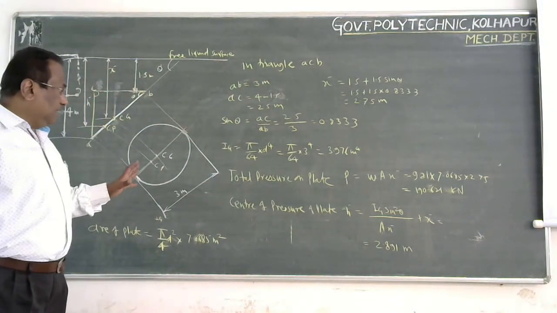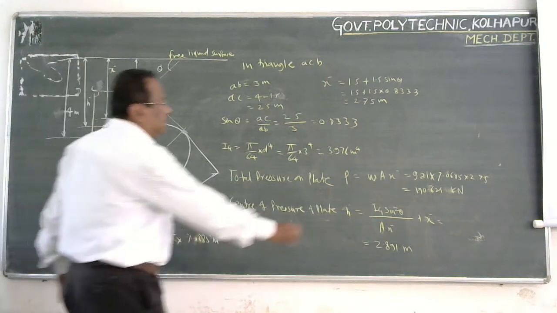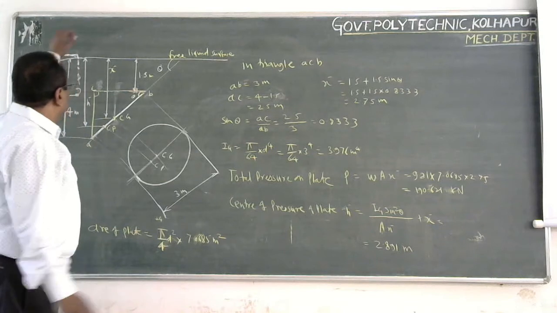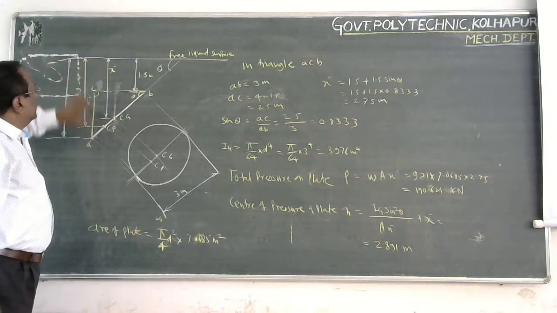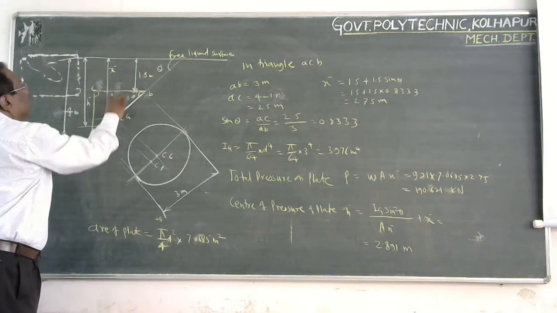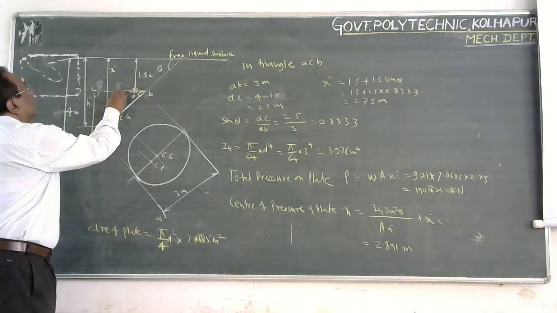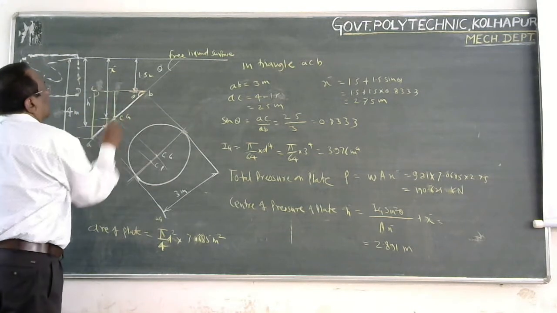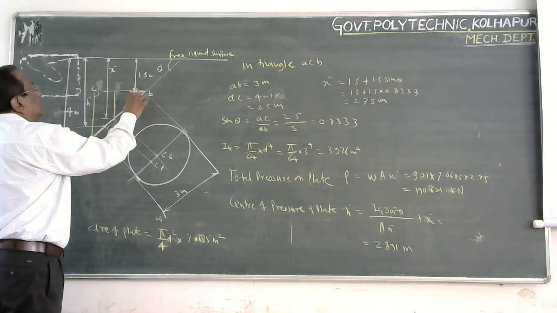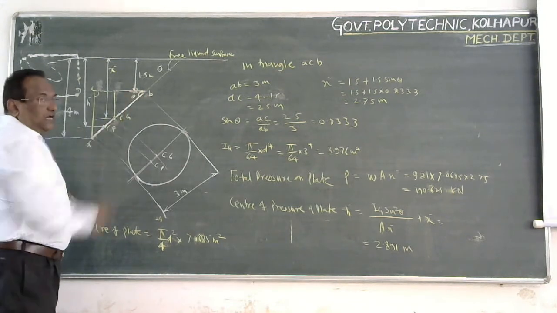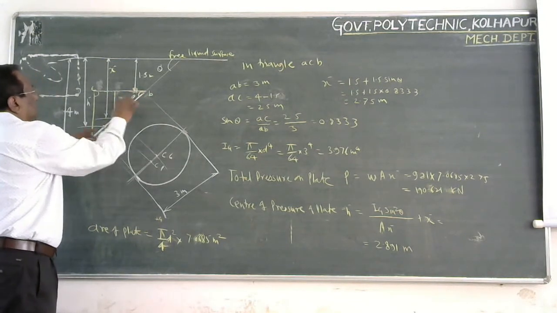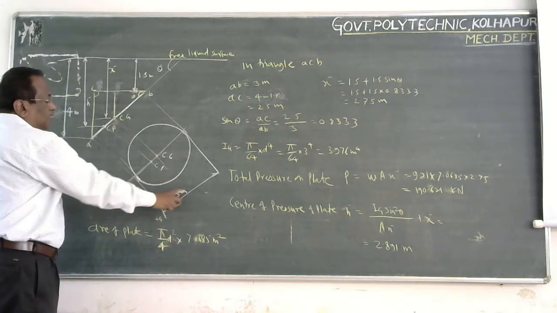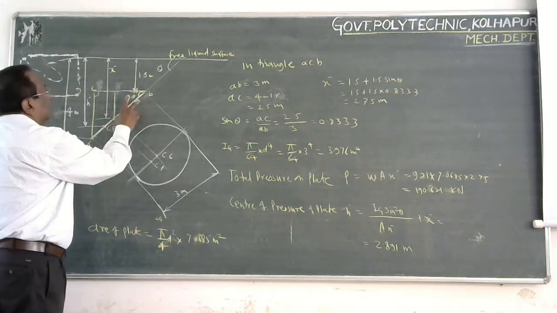To calculate total pressure, we need w, A and x bar. X bar is the distance of the CG from the free liquid surface. It is 1.5 plus this distance. If you consider this right angle triangle, this distance is equal to AB sin theta. AB is 1.5, half of the diameter of the circle.